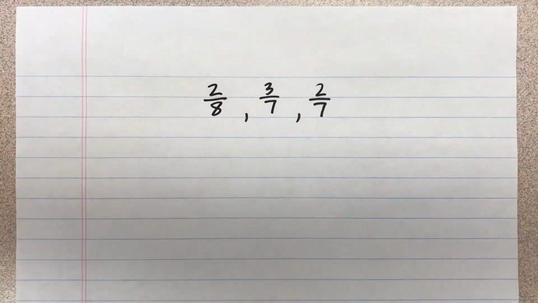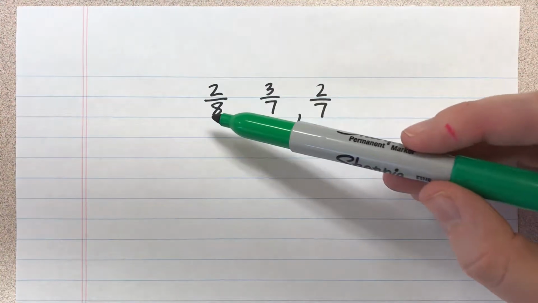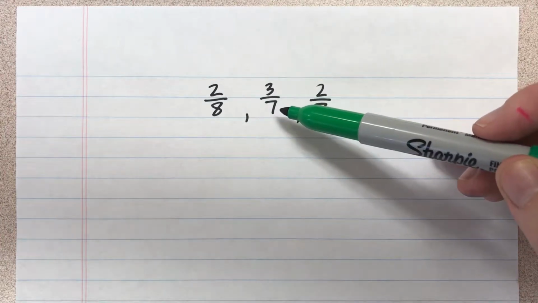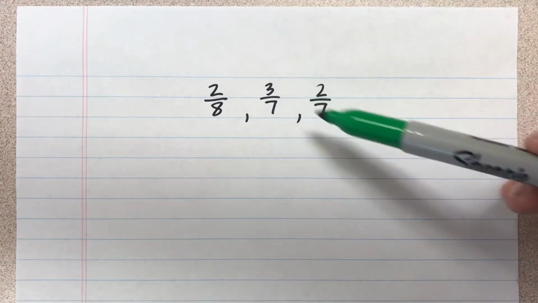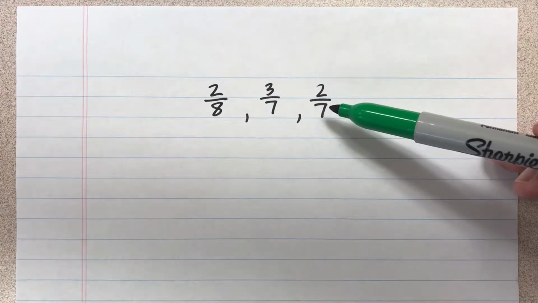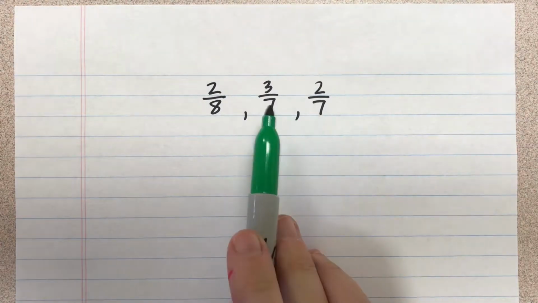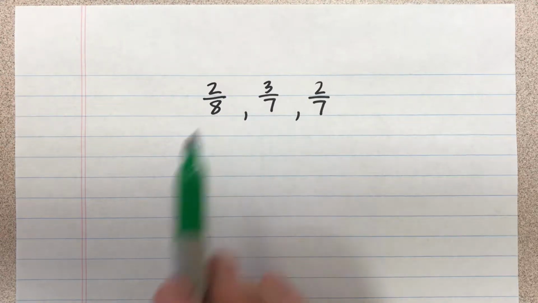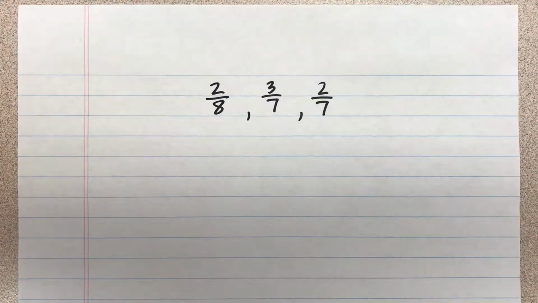All right, so let's do another practice. Okay, 2/8, 3/7, and 2/7. Now looking at these, 2/8 is kind of close to 0. 3/7 is kind of in between 0 and half, and then we have 2/7. I can tell between 2/7 and 3/7 which one is bigger, but it's hard to then compare it to 2/8 because the denominators are all different.